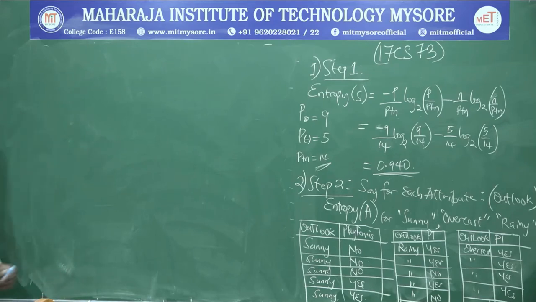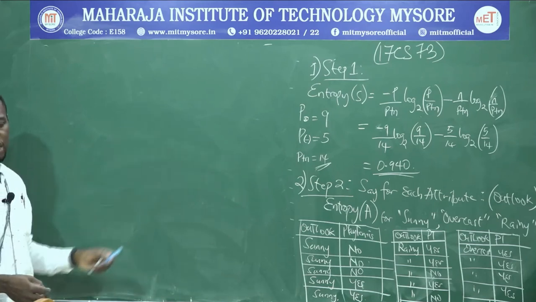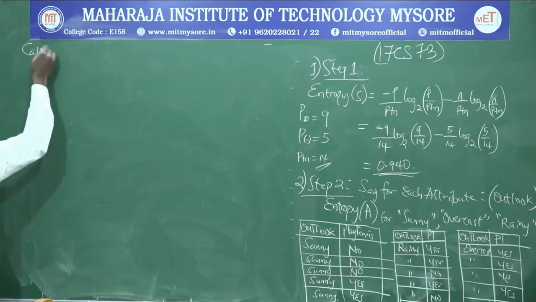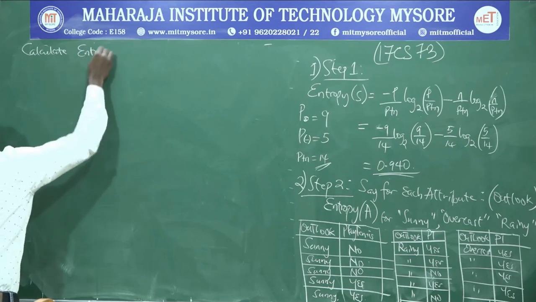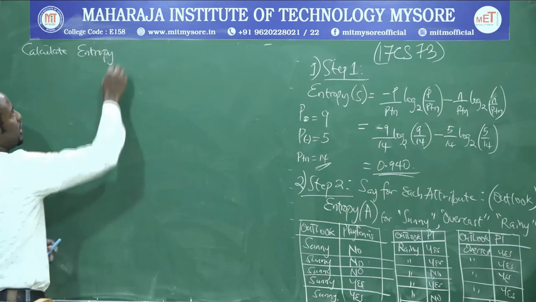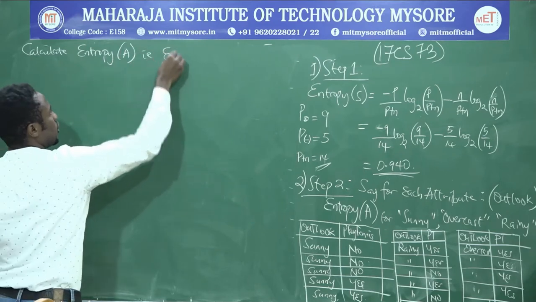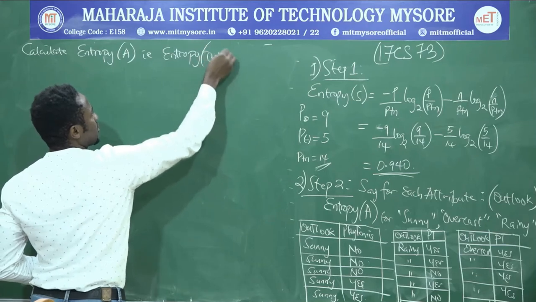So what we have to do now is calculate the entropy of all this. So can we write it this way? Entropy of, so we are going to calculate next. Entropy of what? A, right? That is entropy of Outlook.